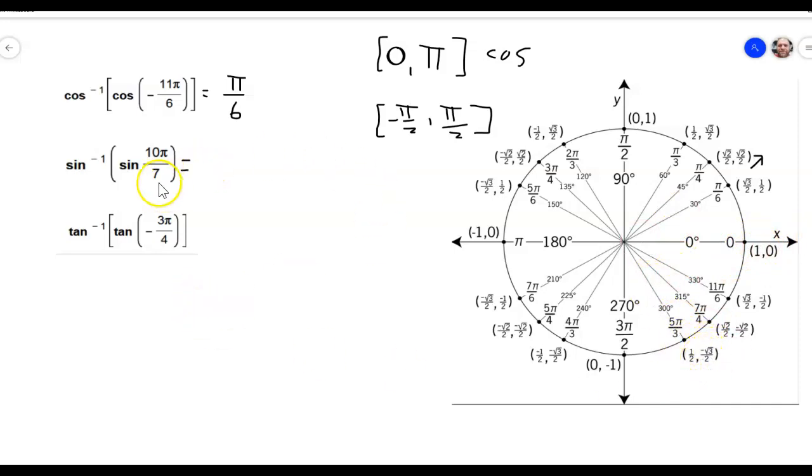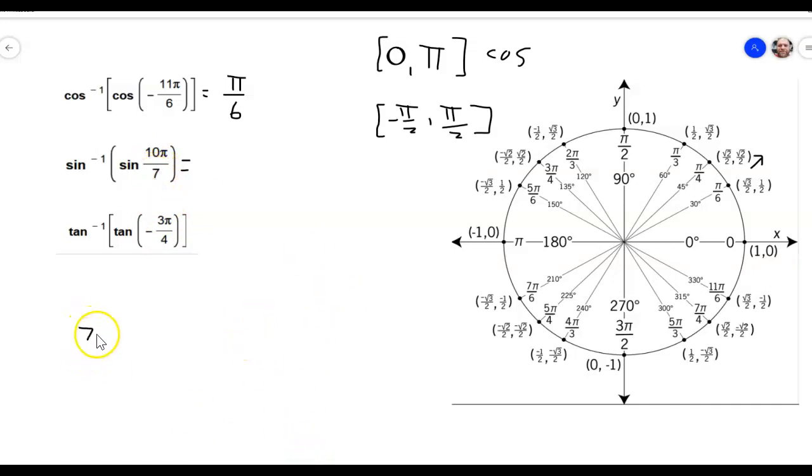So one thing that we can do with the sine function in order to find a new angle that works is subtract this angle here from pi in order to get another angle that's going to give us the same value back. So if I take pi, which is the same thing as 7 pi over 7, and subtract 10 pi over 7, this is what I'm going to do here.